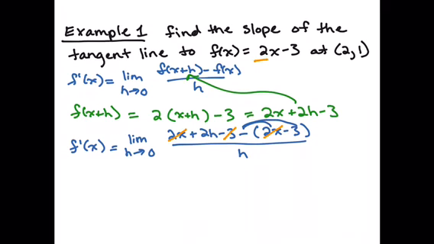This will turn into a plus 3 here, and I'm left with the limit as h goes to 0 of 2h over h, which simplifies to the limit as h goes to 0 of 2, which is 2, which is what we said we should get, knowing that it was a line with a slope of 2 to begin with.